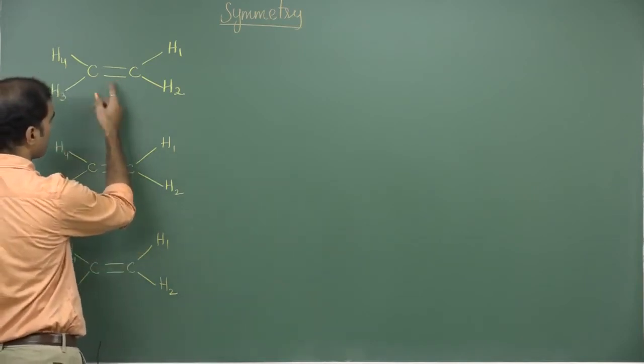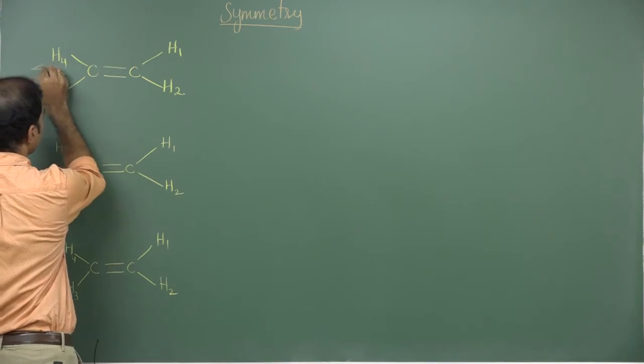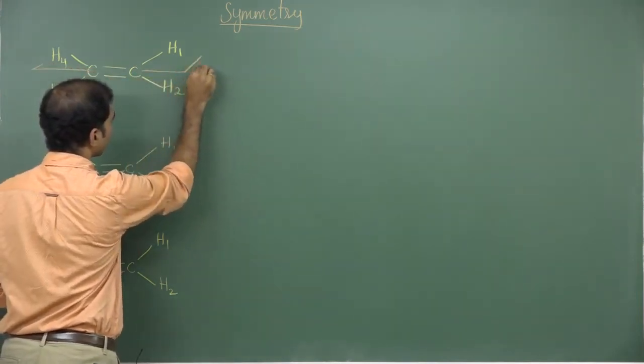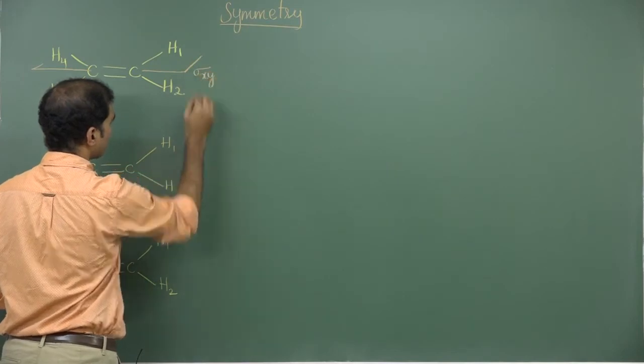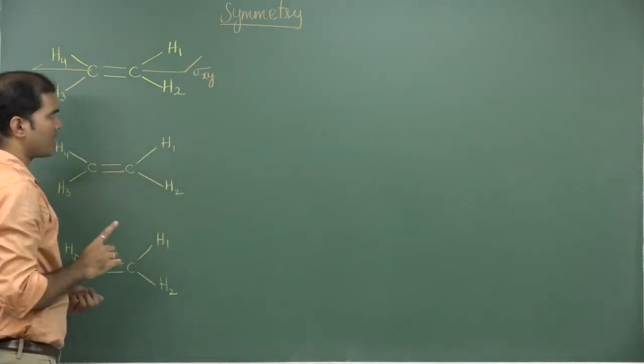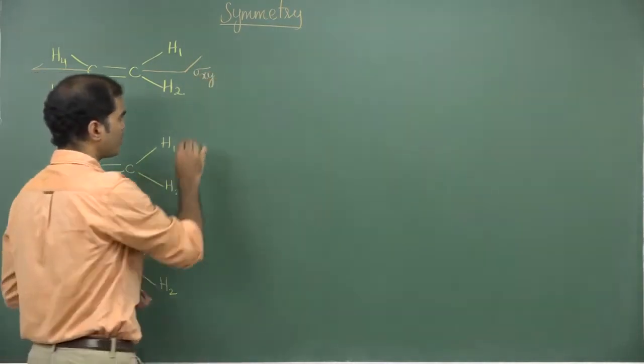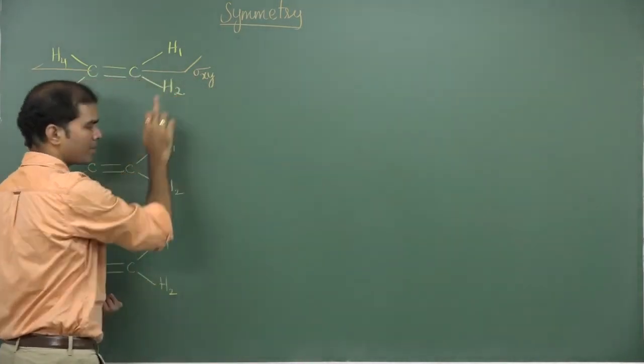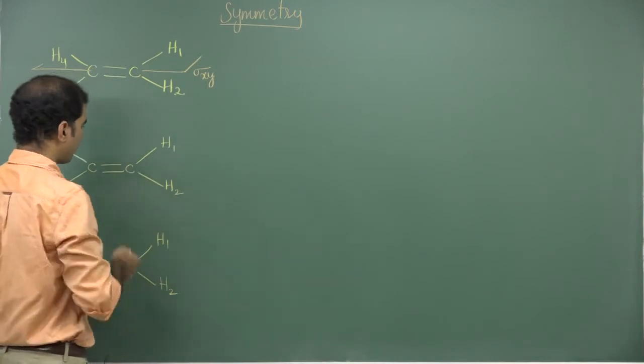In the first case, let me start with a sigma xy. It is possible to represent the planes as xy, xz and yz. Wherever it is possible, we will try to represent. If it is not possible, we will simply put it as a sigma. That is more than enough for us.